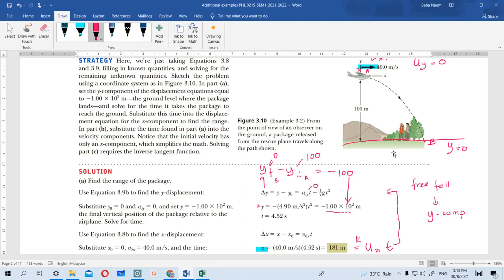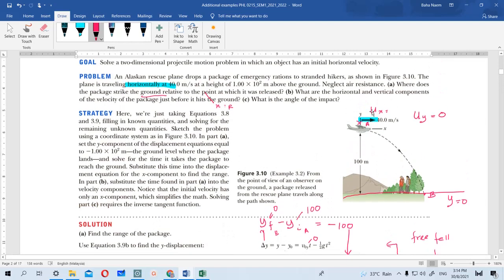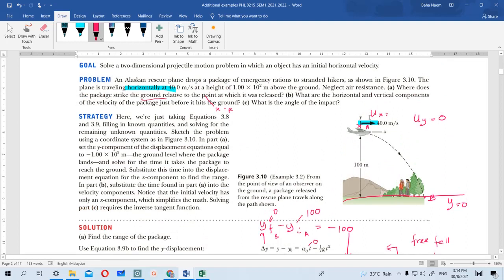Ut is 0. Why, madam? Remember just now that the object is traveling horizontally. So the vector of velocity is drawn here, overlapping on the x direction. So it has no y component, 0 y component.